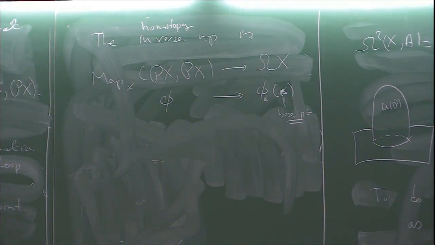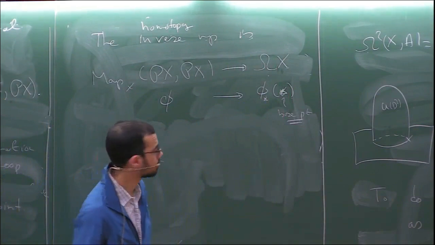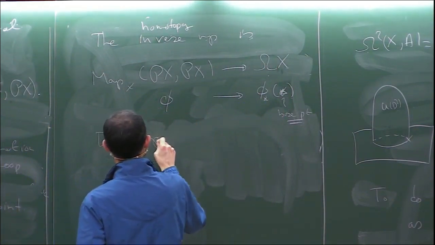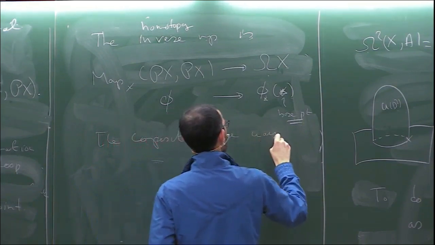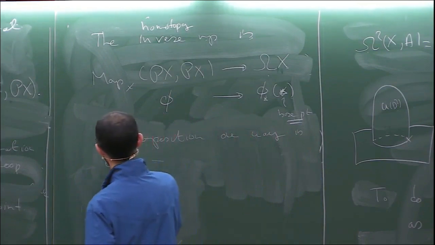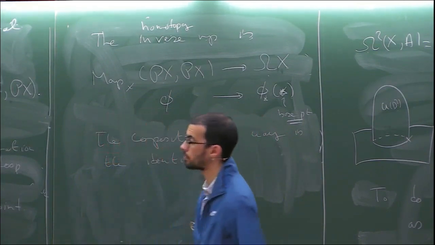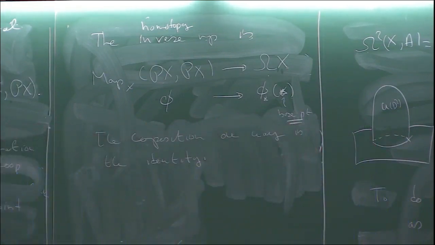It is easy to see that if you go from here to here and then back to the loop space of X, it's the identity. And so the main problem is to understand why the composition the other way is homotopic to the identity.